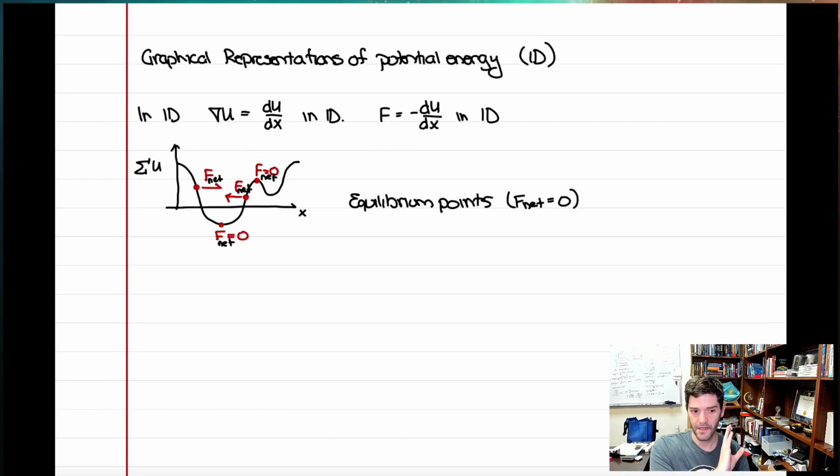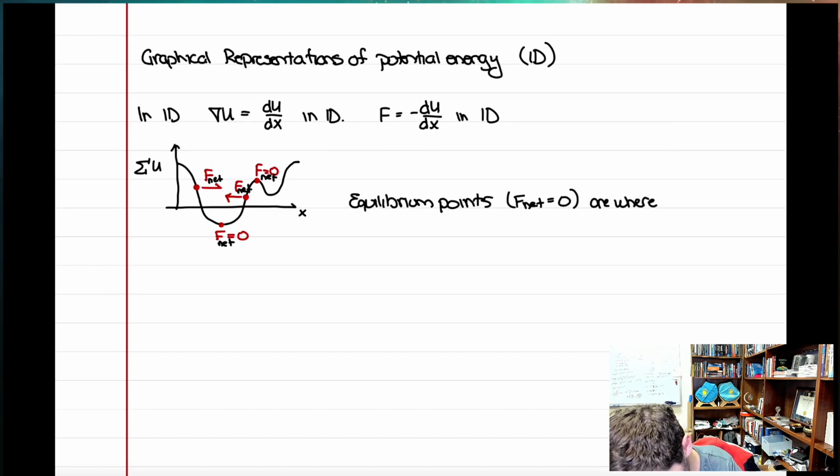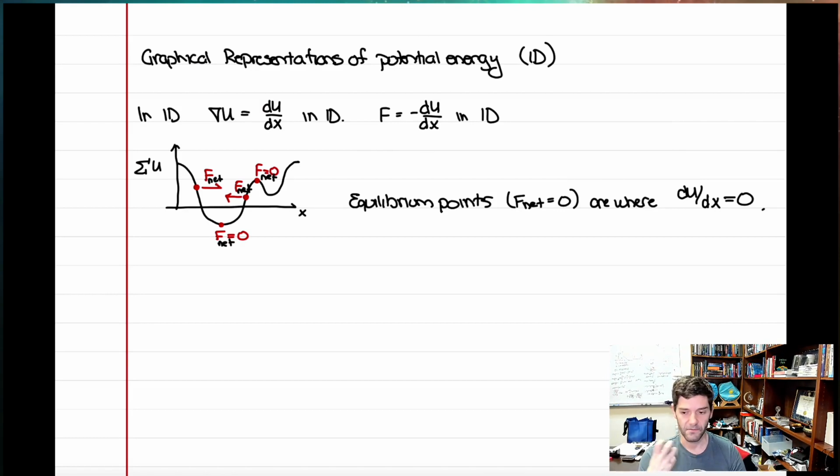If I know what the potential energies are, it looks like these equilibrium points where F net equals 0 are where the derivative vanishes, so where the first derivative vanishes. So force balance locations are where the first derivative is 0 for the sum of all your potential energies.